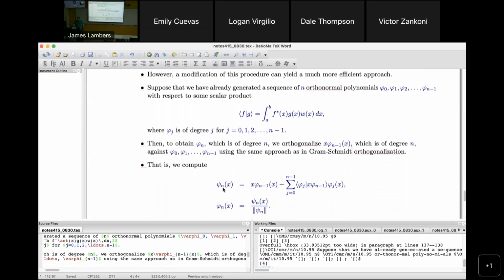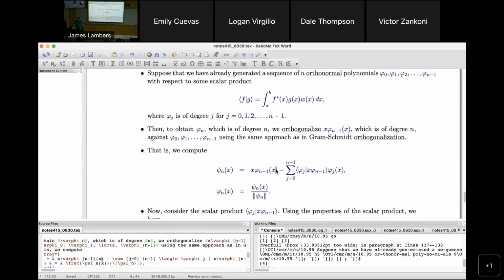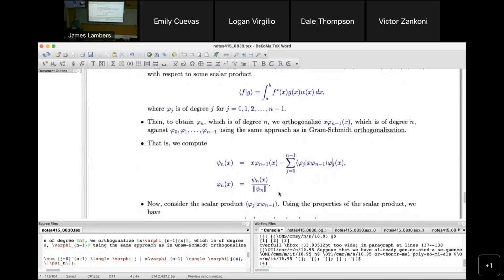Just writing out what Gram-Schmidt would be, that's what we have here. There's the polynomial you're orthogonalizing, and then you're subtracting off these terms, where you take the scalar product of that function, x phi n minus 1, with each previous phi, times that phi, so subtracting off the multiples of phi j, and then you normalize the result.